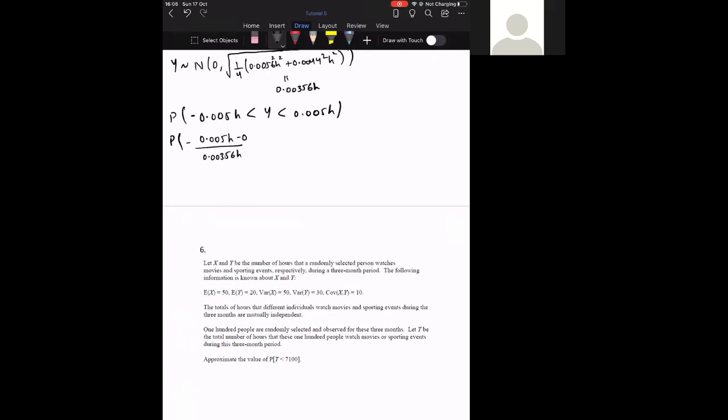So this is how we normalize or standardize a normal variable in terms of z, so that we can use the z table. We subtract the mean from our value, which is just 0, and we divide it by the standard deviation.